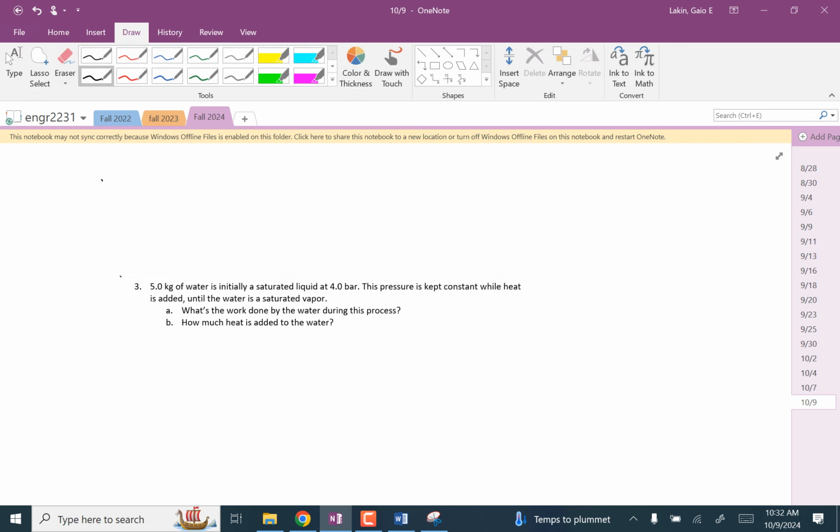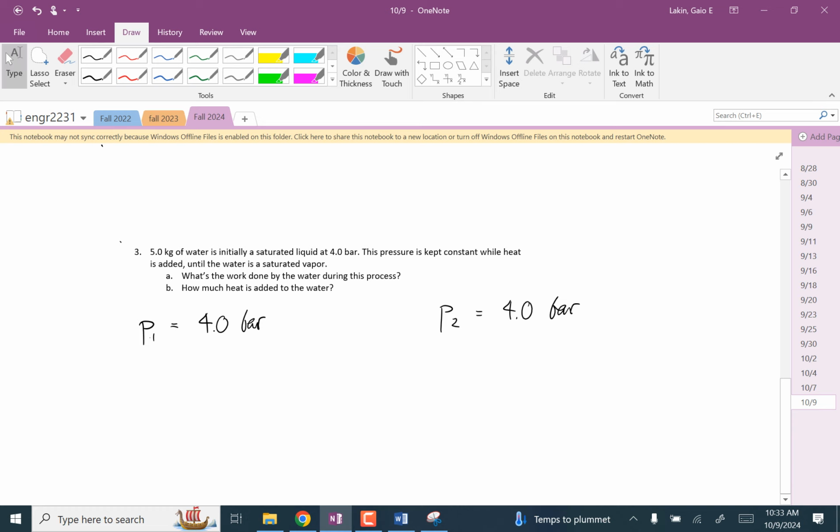So you know that you have a saturated liquid at 4 bar. So the starting pressure and the pressure is kept constant. So the starting and ending pressures are both 4 bar. And so at 4 bar, this is at saturation.